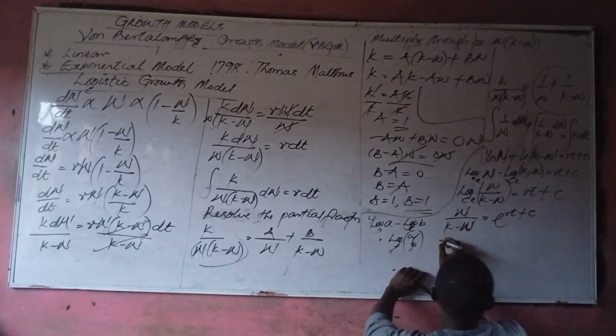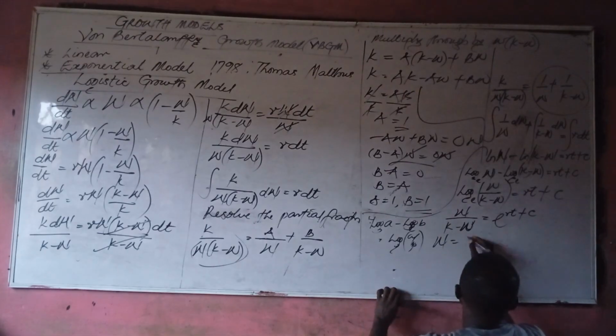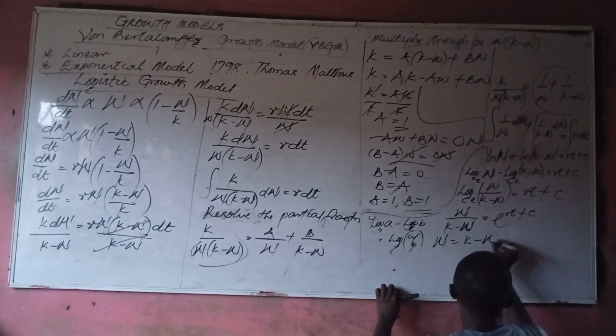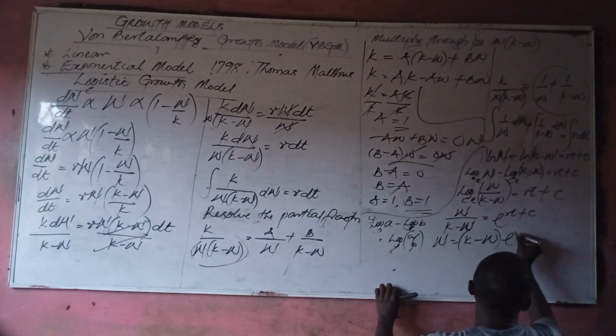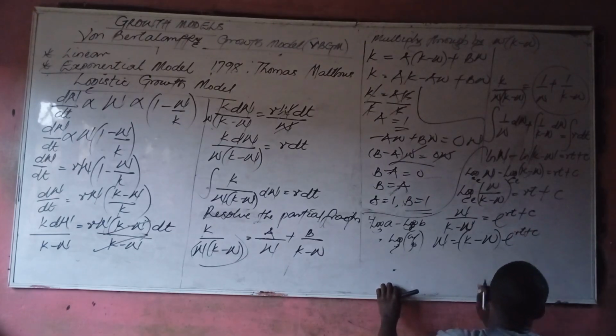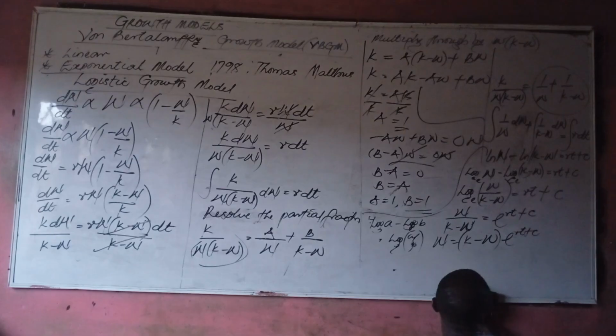If we multiply through, it becomes W equal to K minus W into bracket E to the RT plus C.